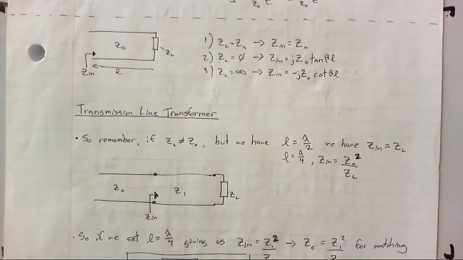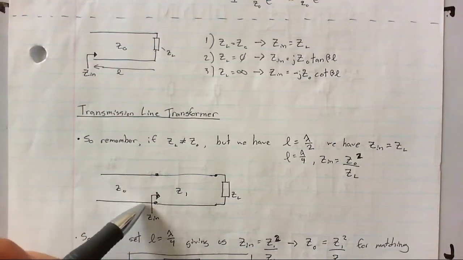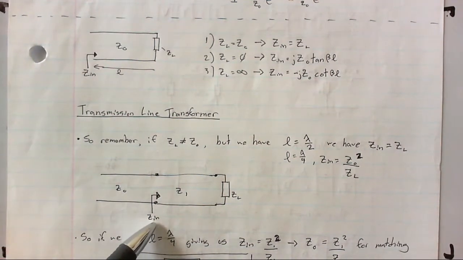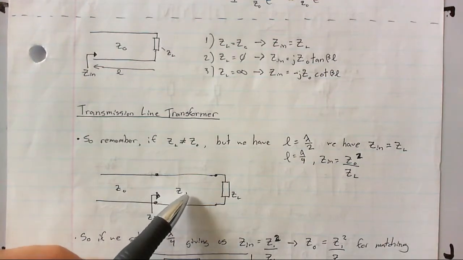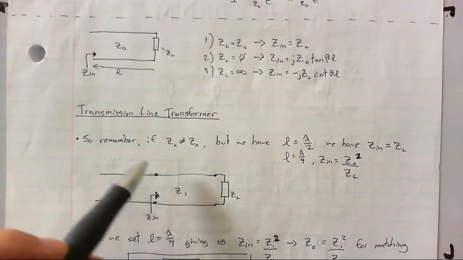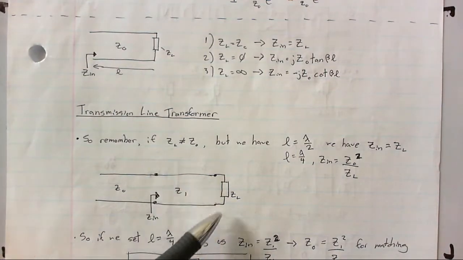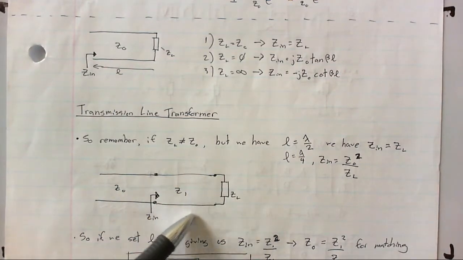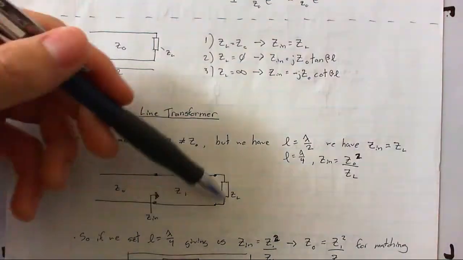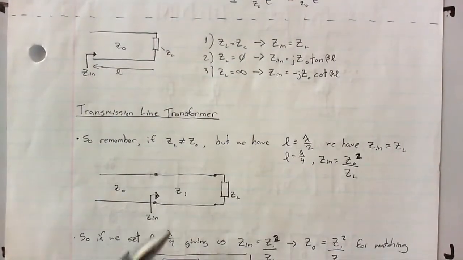Right? So this transmission line sees Z in here as its load. Now Z in is going to be the total combination of Z1 and ZL, depending on the length of Z1 here, or of the cable that is represented by Z1.